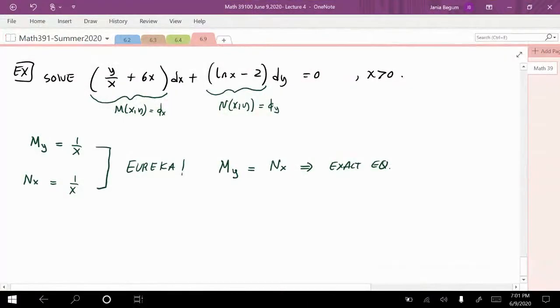In general, if you're to integrate the function ln, which method do you use from integration techniques? Is it integration by parts? Exactly. So you're going to run into more work because you will be integrating ln by parts. So that's why sometimes it's okay to pick M if it's easier, and if N is easier, then you pick that one. So be clever with your choice.